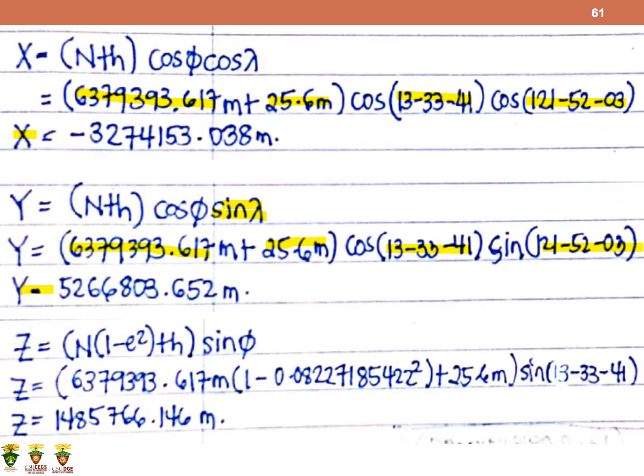And for z, the formula is N times 1 minus e squared plus ellipsoidal height times sine geodetic latitude. Substitute the value of N, the eccentricity, h, and the geodetic latitude. You can have the value of z to be 1485766.146.